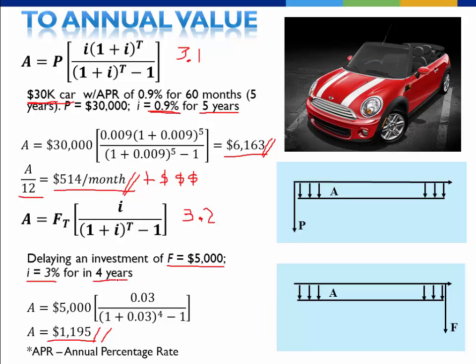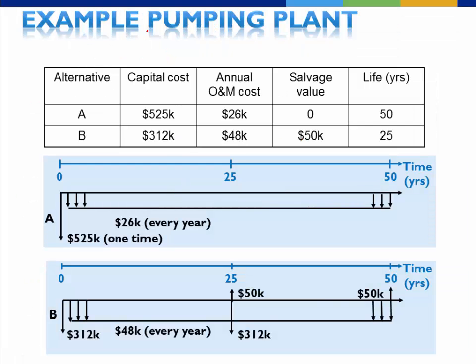So as you can see, this is how to use these formulas, and this is something that you're going to be doing in your exercise. Let me put a practical example, so we're not talking about Mini Coopers and so on. Let's say that you have a project A, and here we're going to have a convention. Anything with an arrow going downward means a cost.